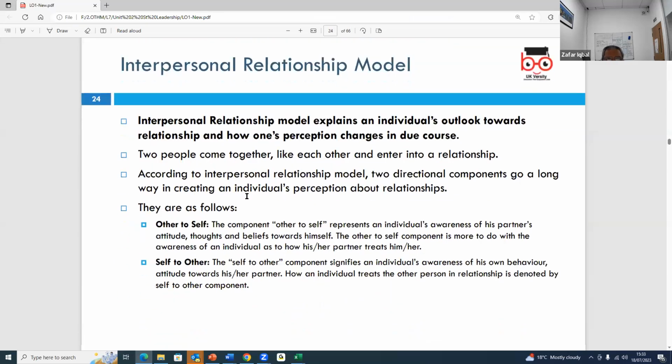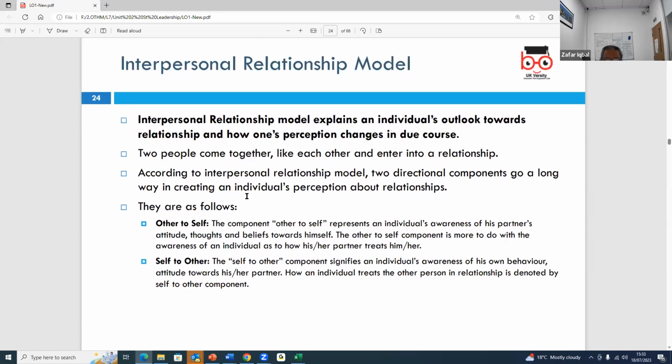Okay, interpersonal relationship, this model explains how an individual outlooks towards a relationship, and how one's perception changes in due course. When two people come together, they like each other and they enter into a relationship, and then they follow two directional components. They go a long way in creating an individual perception about the relationship.